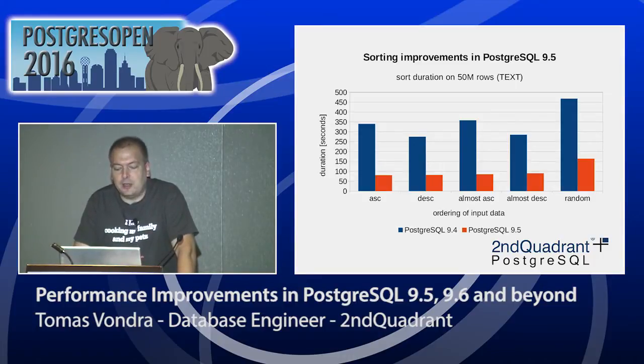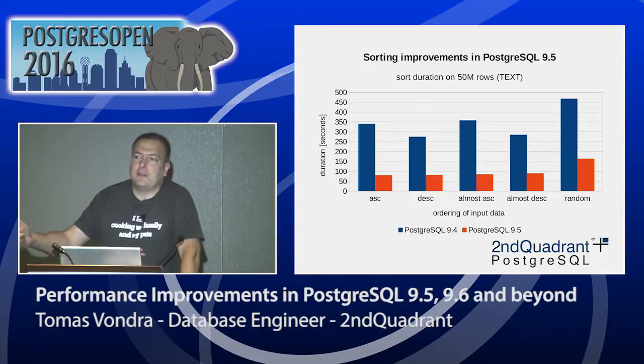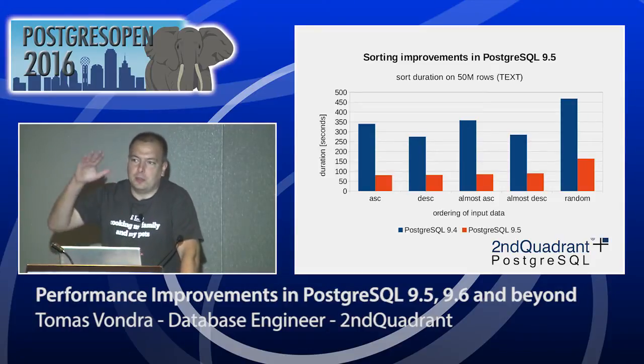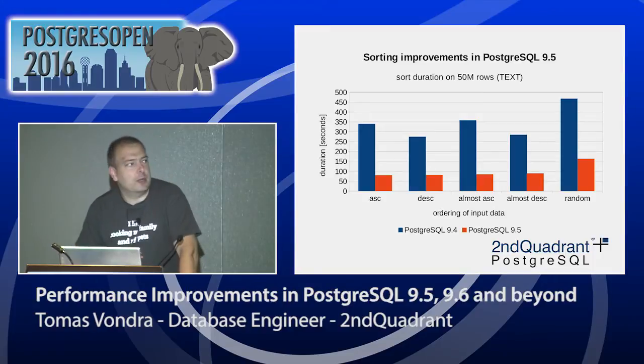And you can see that first we have a significant improvement in 9.5, but it's also much more consistent across the data sets. While 9.4 jumps a bit up and down, 9.5 is almost exactly the same, except for the last case, right? So that's, I think, a significant improvement.